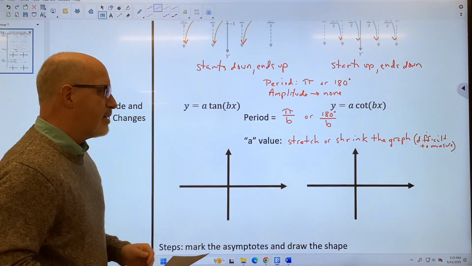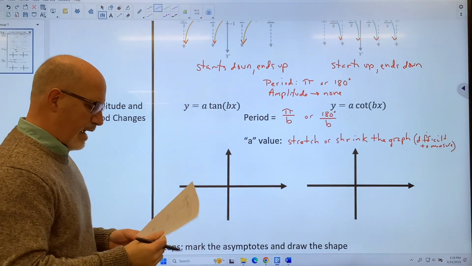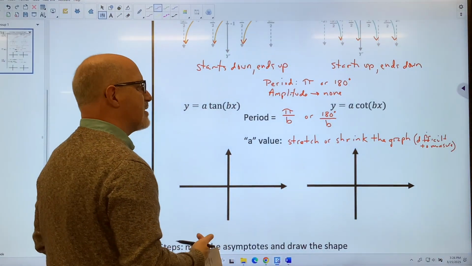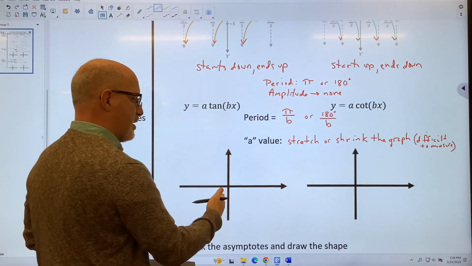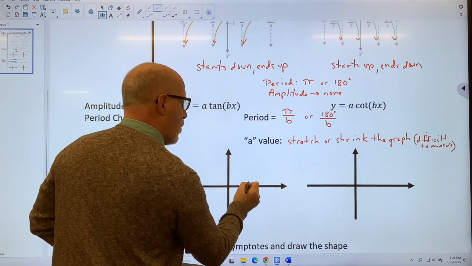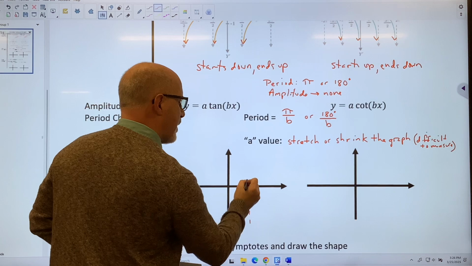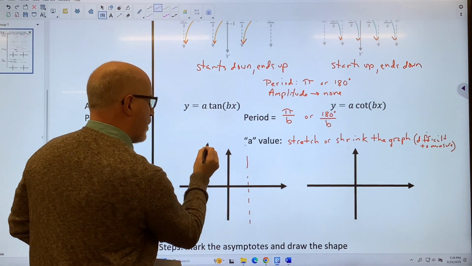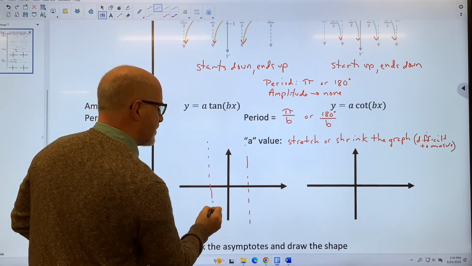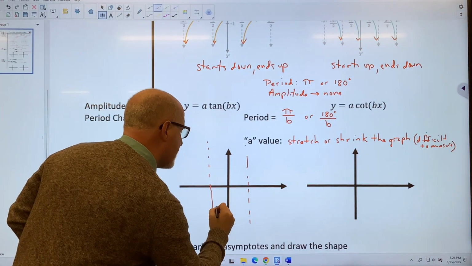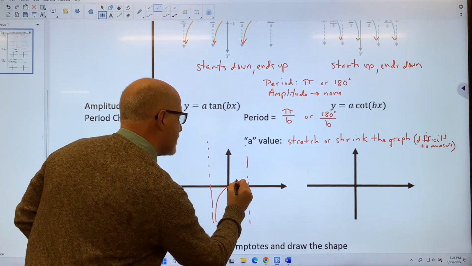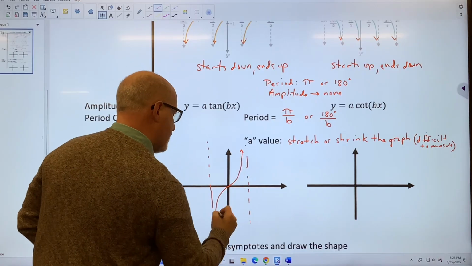So when we look at our standard graphs, we typically look at drawing one on a tangent graph, so we're doing tangent here. We usually look at one asymptote on the positive side and one asymptote on the negative side of the origin, because our graph goes like this, comes up, goes in gradually into the origin, and then comes out.